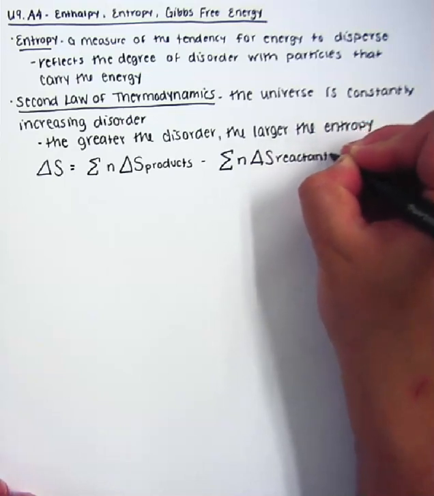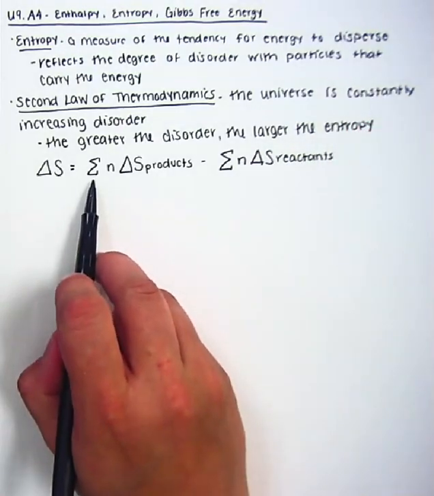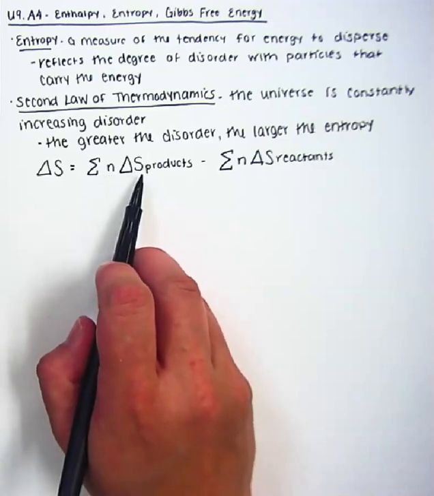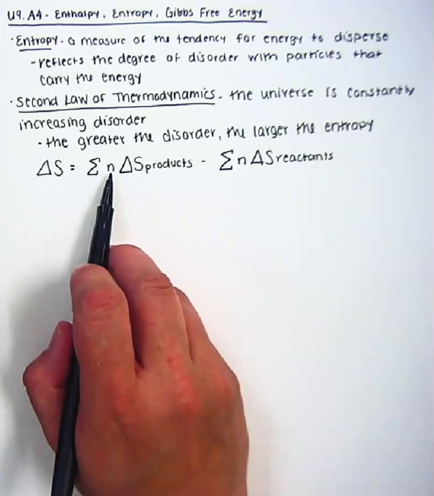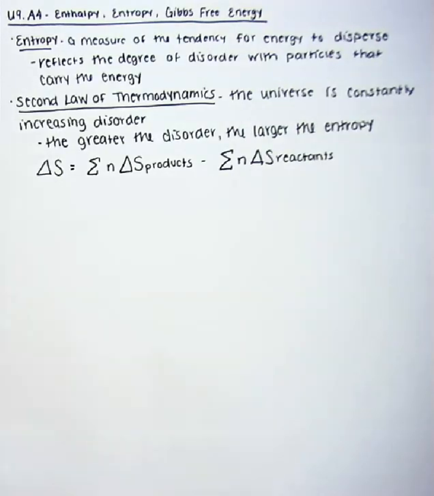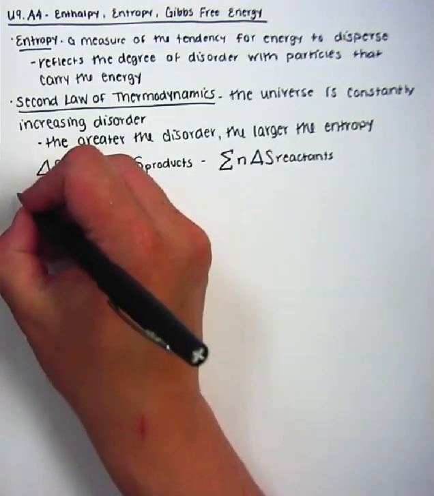So again, the funky looking E is the Greek letter sigma. Sigma means the sum of, and n represents the number of moles. So we'll take the entropy of the first product, multiplied by the number of moles, add it to the next product, and so on. So let's look at an example calculation for entropy.